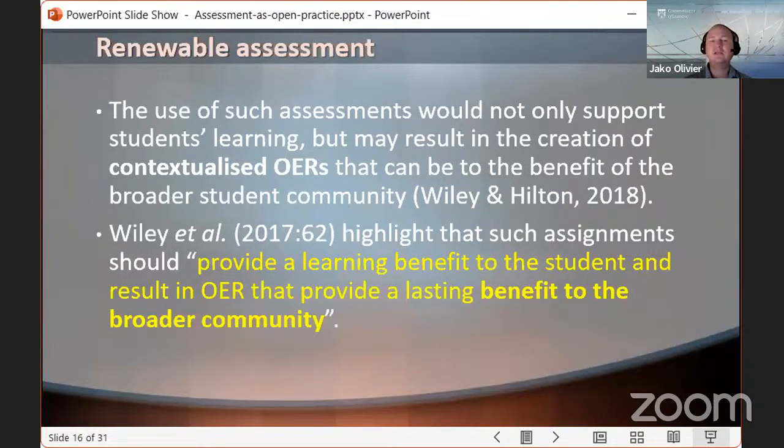Wiley and Hilton admit that this can actually lead to the creation of contextualized OER, and I think that's the biggest value, and that is what we need, especially now in a changing world. More resources that are contextualized. I am a big supporter of localization when it comes to OERs, because any resource cannot merely be generic.